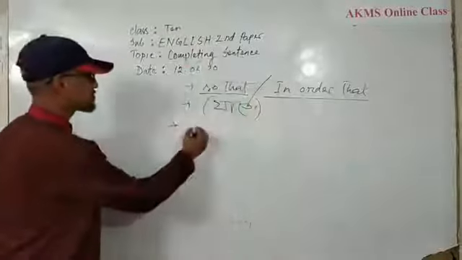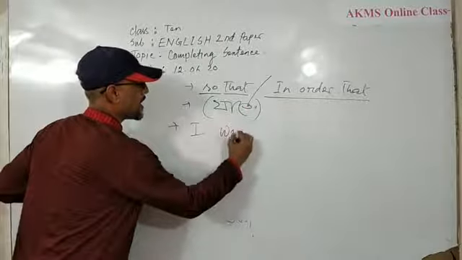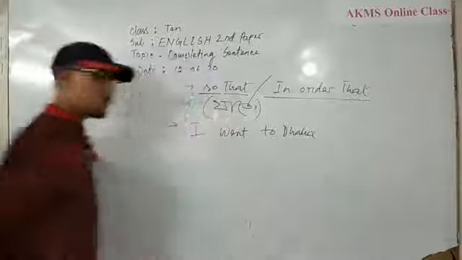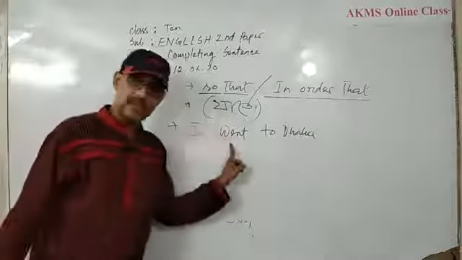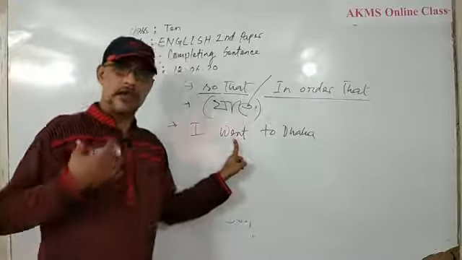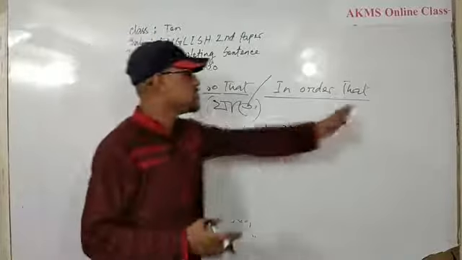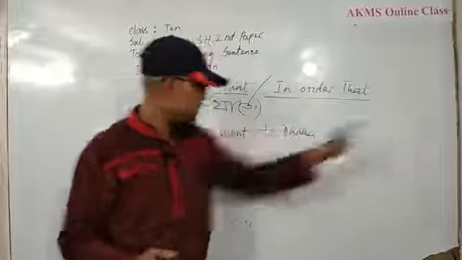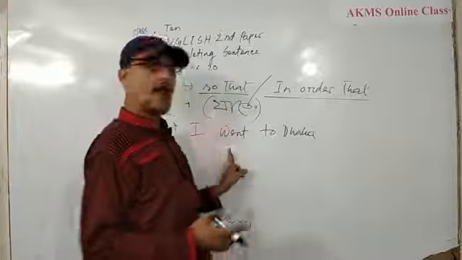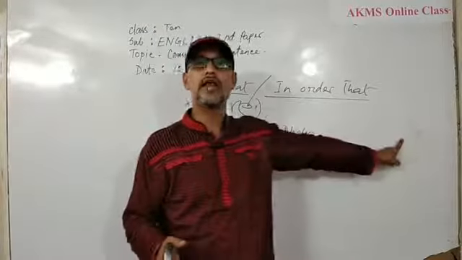Look at this: I went to Dhaka. This action was done by me. I went to Dhaka. Why? The answer will be given after the conjunction. I have done this action, and why have I done it? The answer will be given in the next clause.